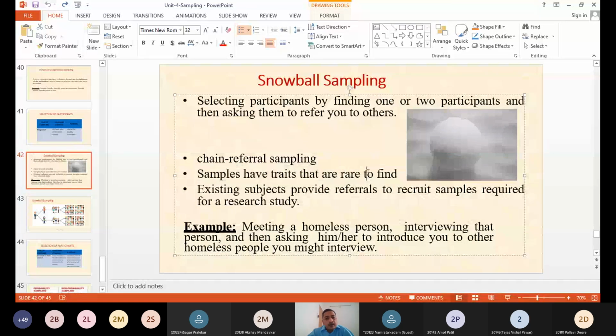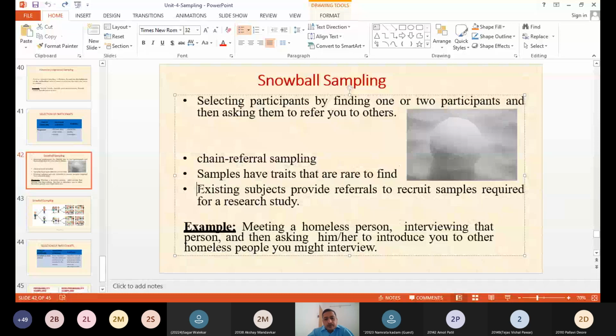As I discussed, in a particular study where the researcher is researching characteristics that are very rare to find, or where the population is not known, this type of snowball sampling can be used.